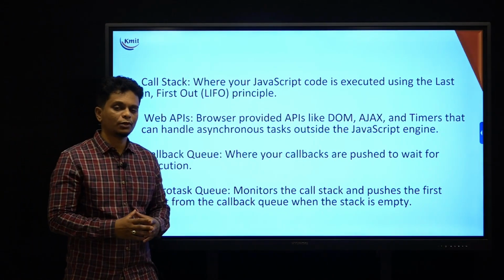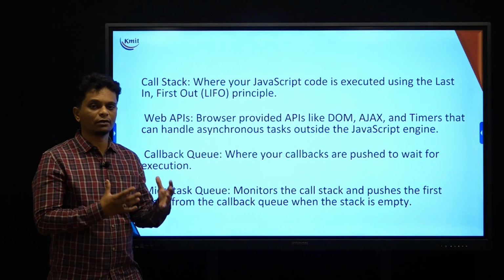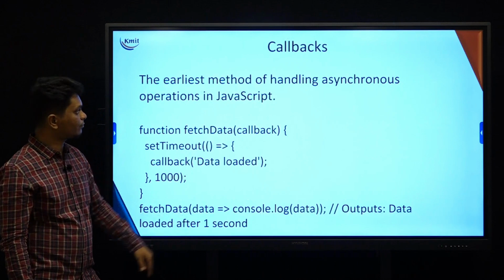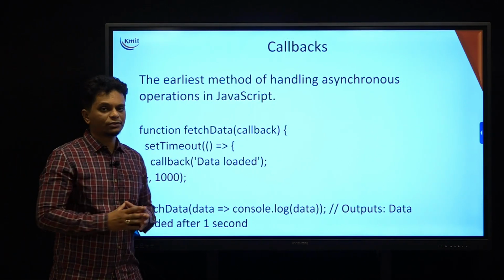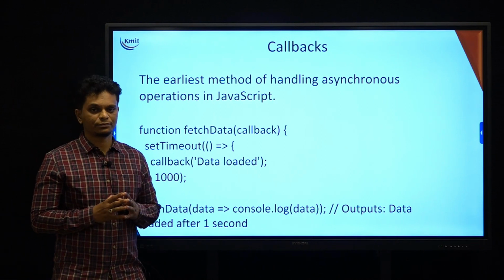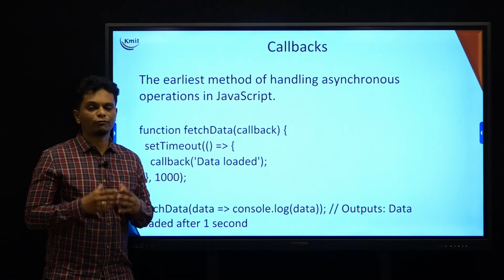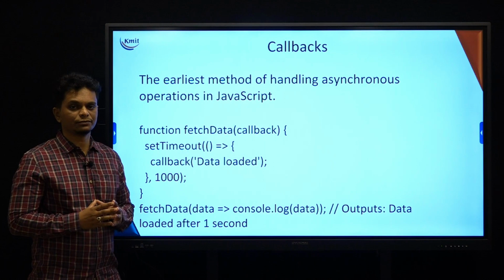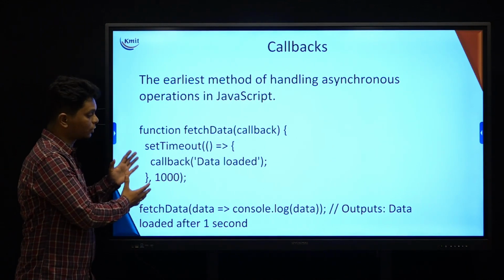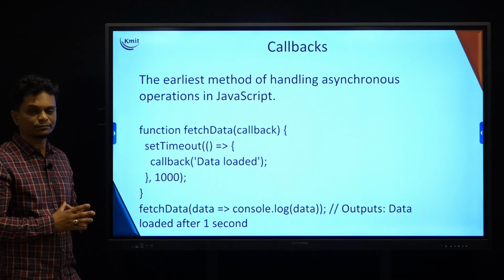Let's move further to discuss the initial stages of asynchronicity. Callbacks. Callbacks were the traditional way to handle asynchronous operations. Callbacks are sending a function as an argument to another function. So this is a basic example that shows how a callback works.